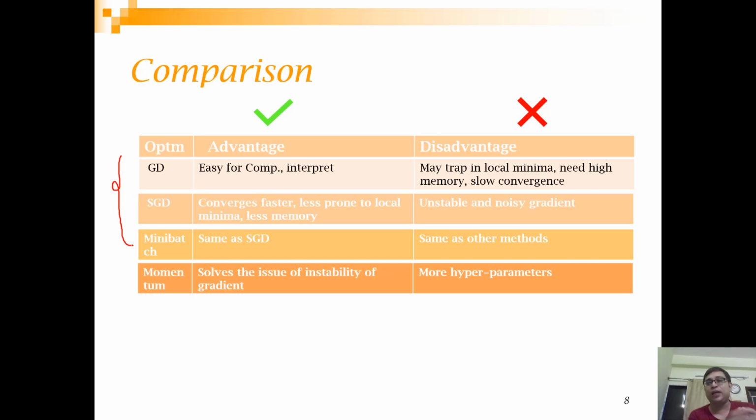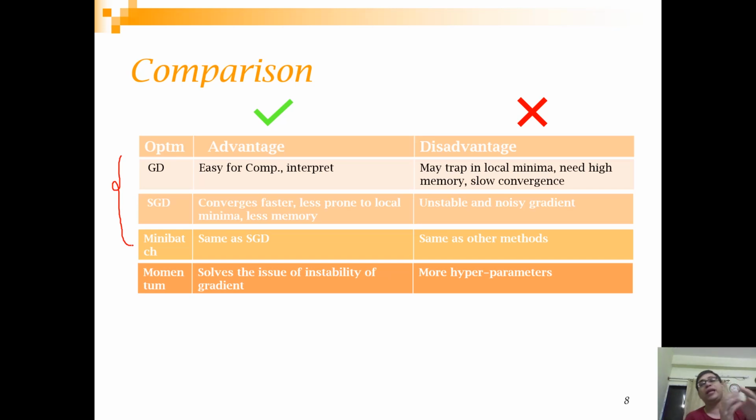I said that SGD has noisy gradients, so momentum tries to smoothen that. However, you are adding more hyperparameters, so computation is going up. We also saw that there is some improvement with Nesterov momentum.